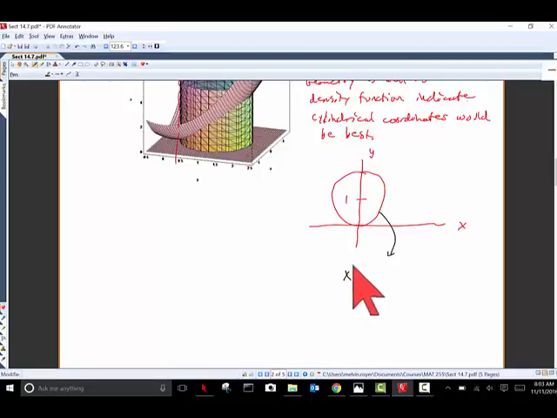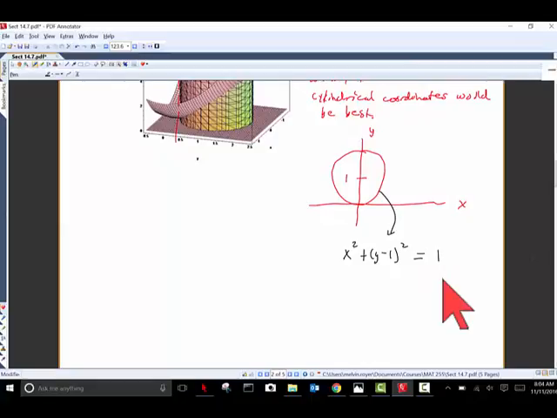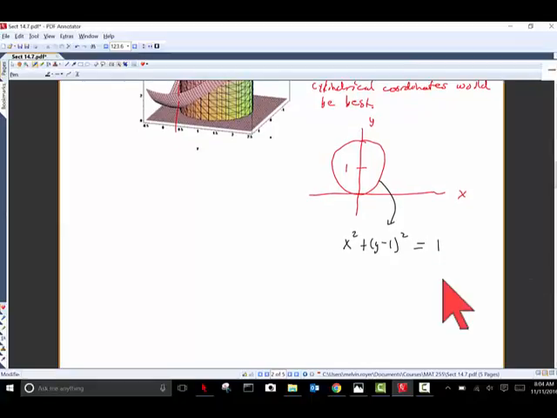So if I just start from the equation as given, which is like this, let's take this and move to r theta z variables as needed. I think I see an x squared plus y squared in here. Let's go ahead and expand the binomial. And of course the ones cancel. There's an x squared plus y squared, which is r squared, and minus 2 times y, and y is r sine theta.